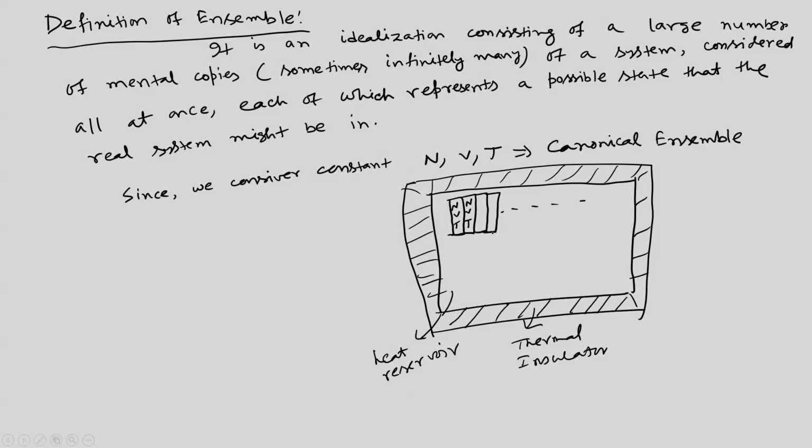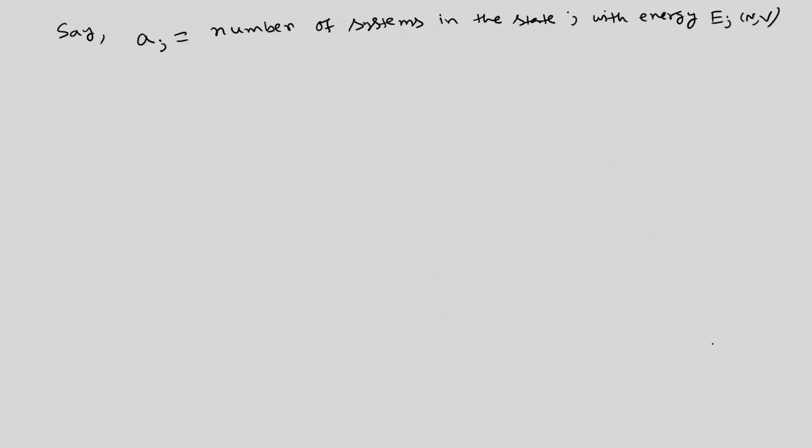So, how many systems are there in the J state having energy Ej, that we call Aj.